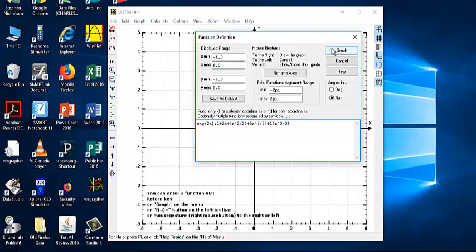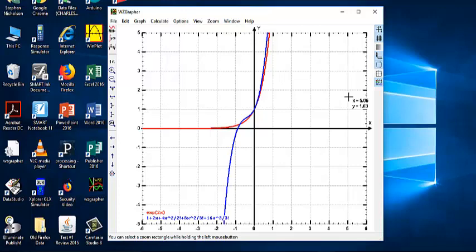Okay, so there we go. So you can see that's what it looks like.